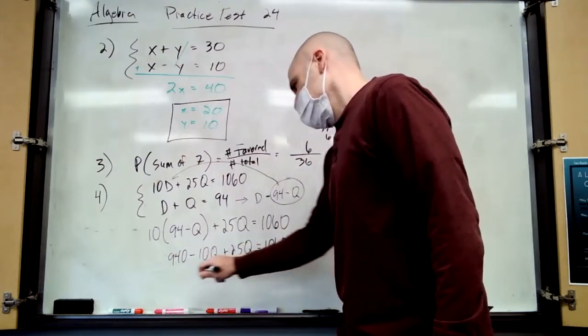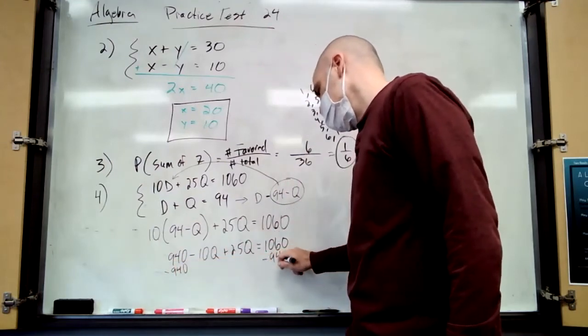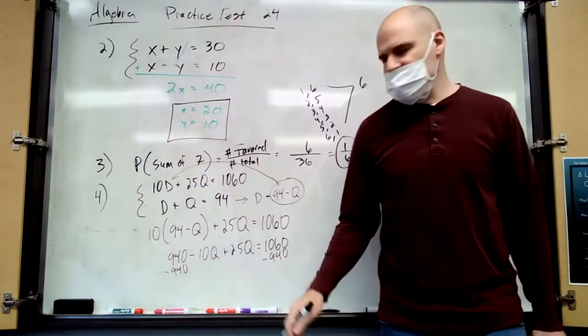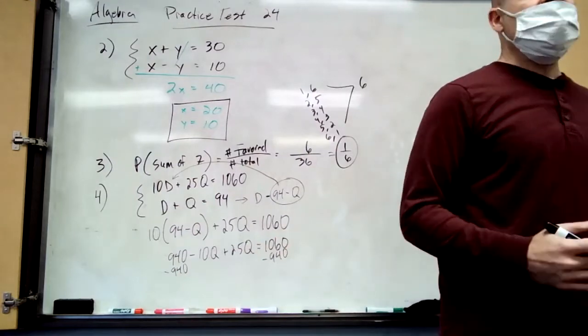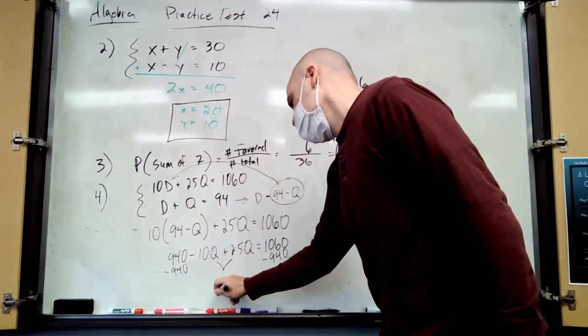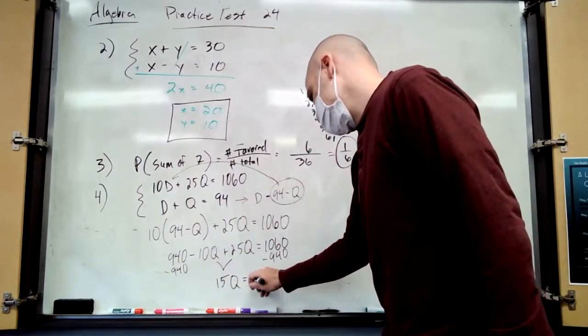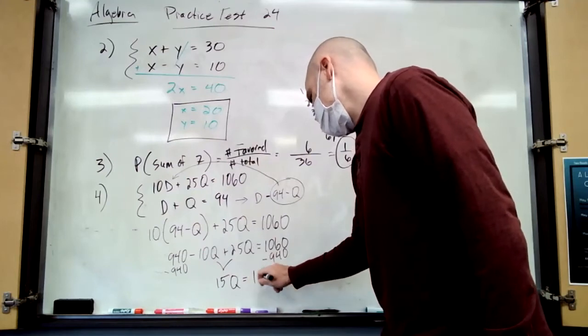Get rid of 940, and at the same time, I'm going to combine these like terms over here. What's a negative 10Q combined with the 25Q? Right, 15Q, subtract the 940, I get 120.